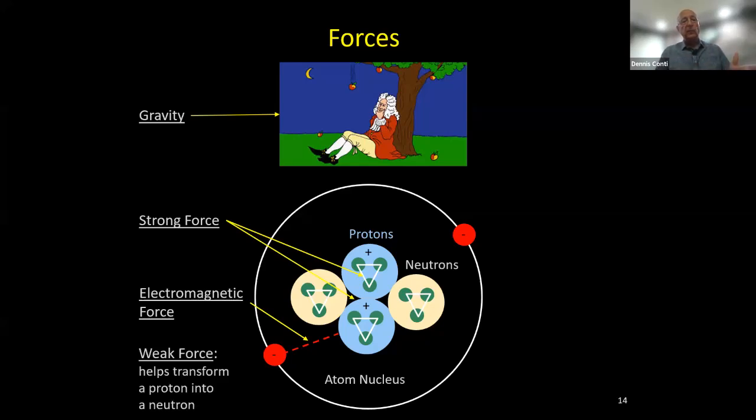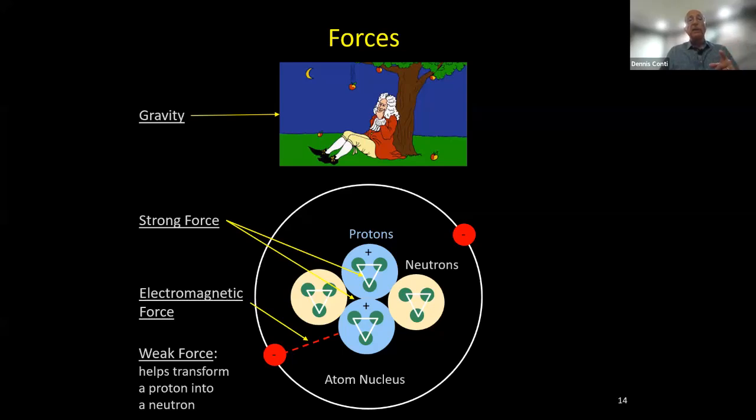This helps transform a proton into a neutron. So again, not to get into the details, except that there are four forces and there are these elements that make up atoms. Atoms, of course, come together and make up molecules that make up the rest of the matter that we see.